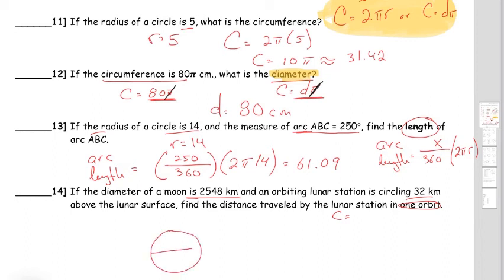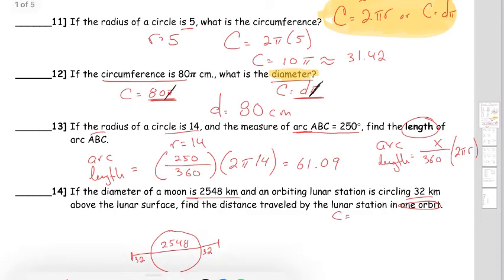is if this represents the moon, then this diameter is 2,548 kilometers. And it says that the lunar station is orbiting 32 kilometers above the moon. So if it's 32 kilometers around the moon, all the way around, even over here, it's also going to be 32.